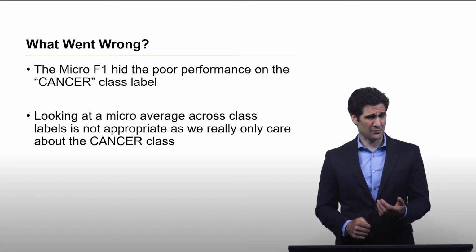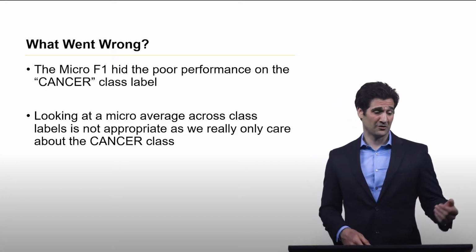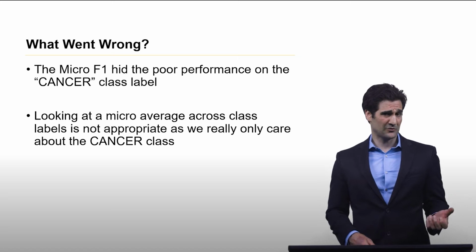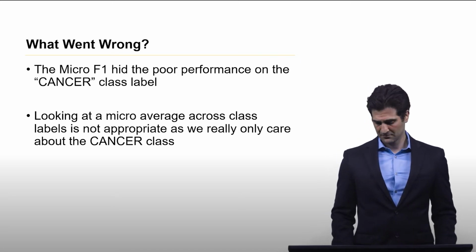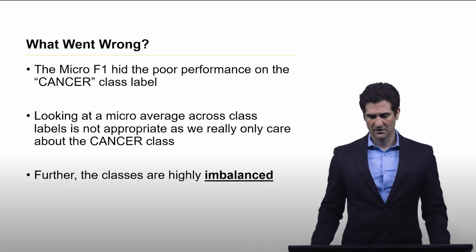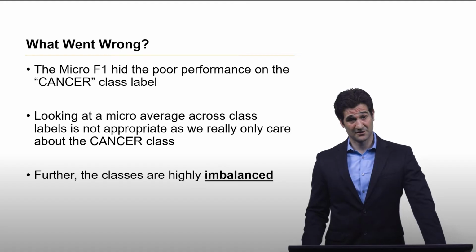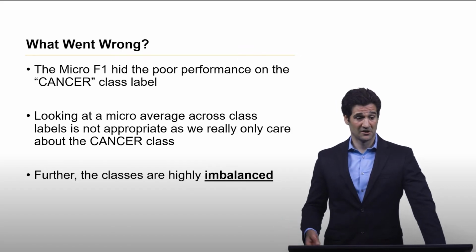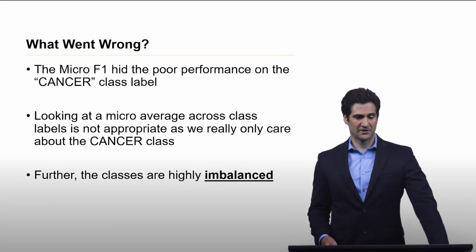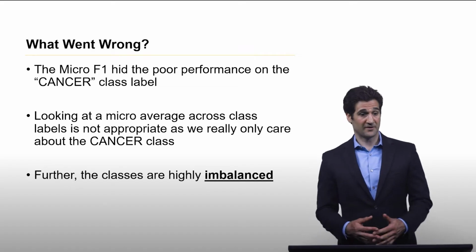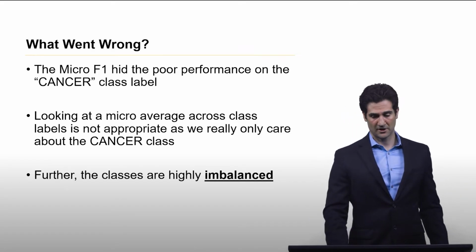It's not very important to be able to diagnose people not having cancer and accept a whole lot of error there. Further, in that example, the classes were highly imbalanced. 1% of the population was represented with the cancer class, which was very different from the no cancer class.